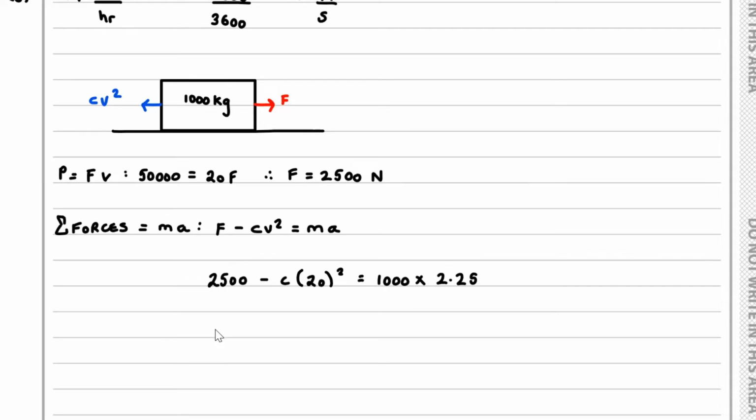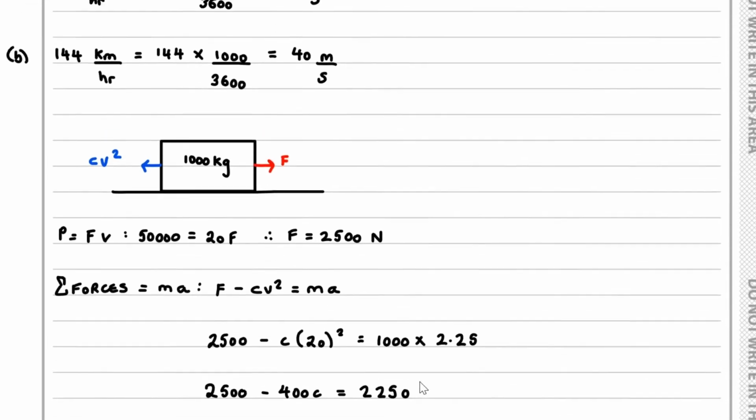So we've got 2500 minus 400C equals 2250. So we have 400C equals 250, and therefore C is equal to 5/8.